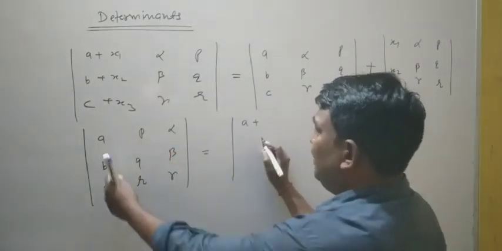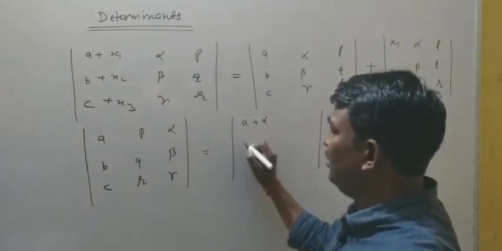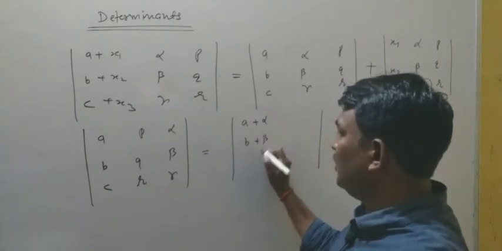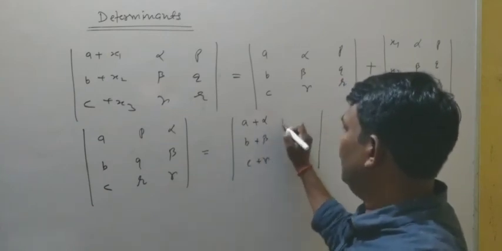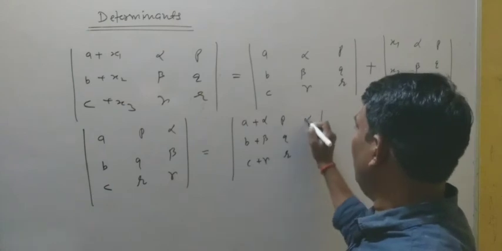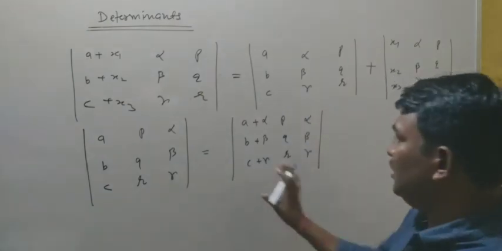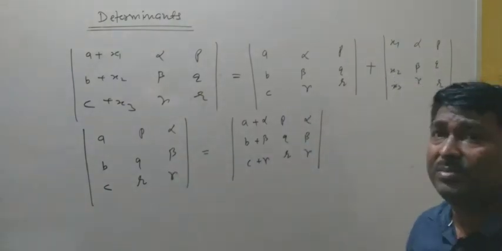Just like a plus alpha, b plus beta, c plus gamma, here p q r, alpha beta gamma. Both will give you the same value.